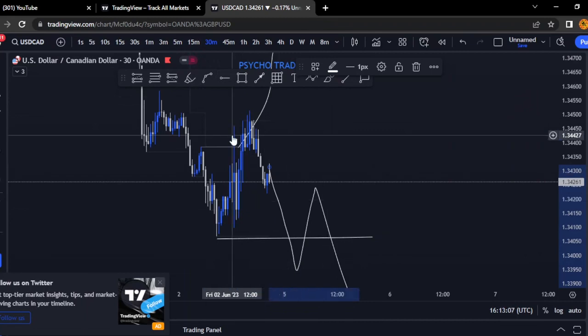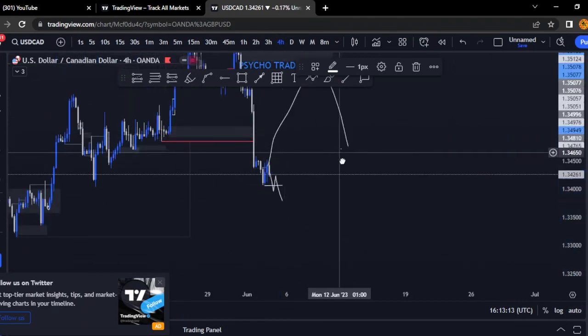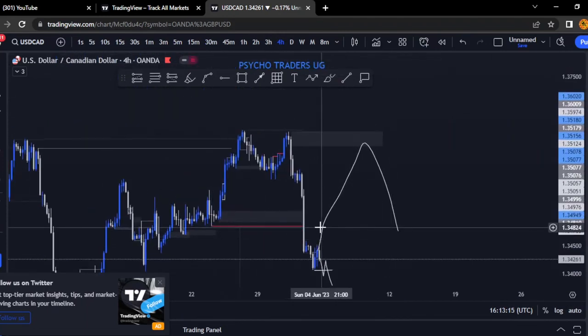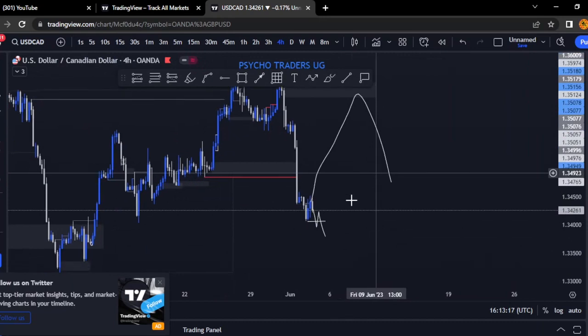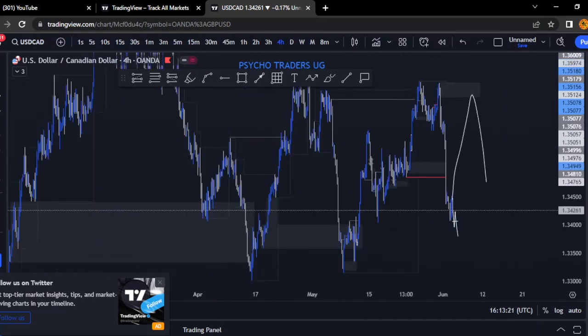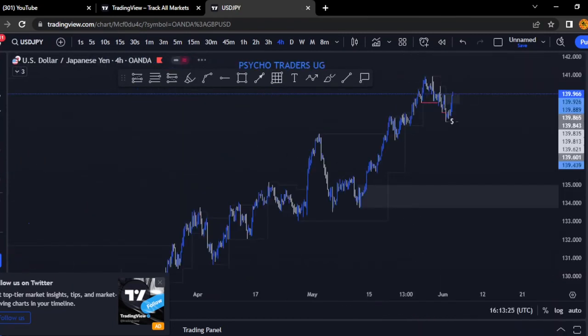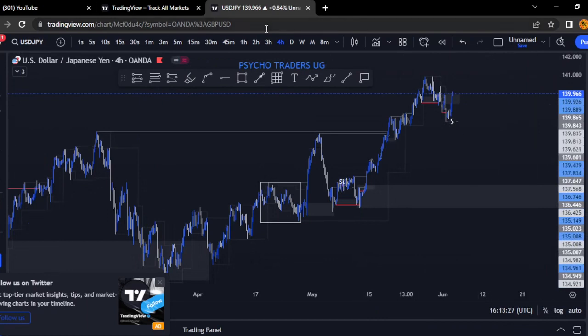So, USD CAD still looking for shorts, okay? Because of the displacement of this cycle block right here, we got a break, so we shall be continuing to the downside. Yeah, nice. So let's go to USD JPY.